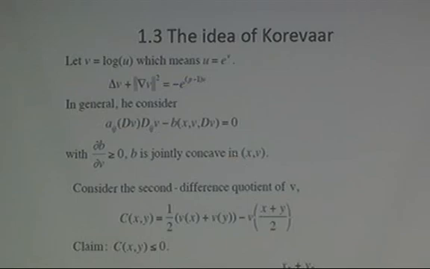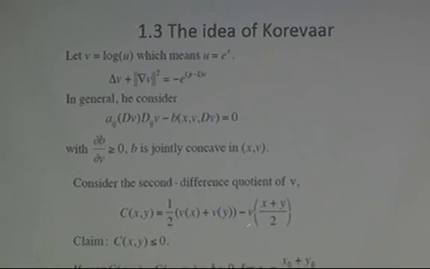Okay. So his idea is he looks at the second difference quotient somehow, and then he wants to show this is non-positive. That means it will be concave. So let's say the maximum is positive, then he derives the contradiction. And then what is the great thing of this method?